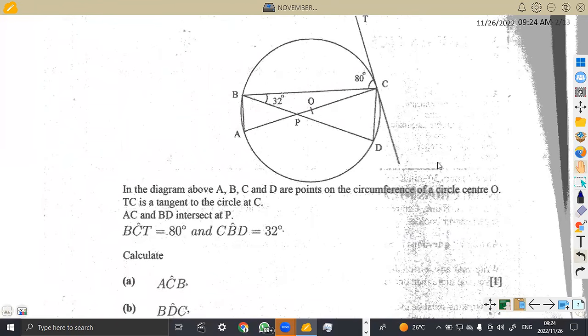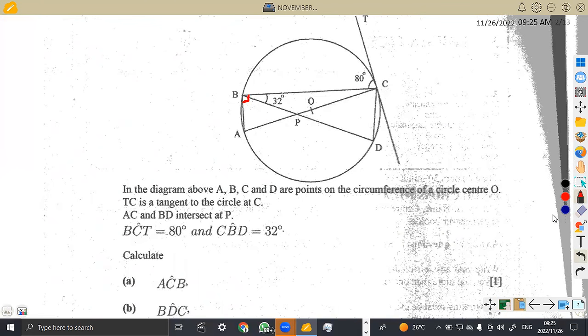In the diagram above, A, B, C, D are points on the circumference of a circle center O. So as we know, guys, once we are given that we have a circle center O, we have some properties that we know about a circle. From A to C, that will be a diameter, and we know that a diameter subtends an angle of 90 degrees at the circumference.